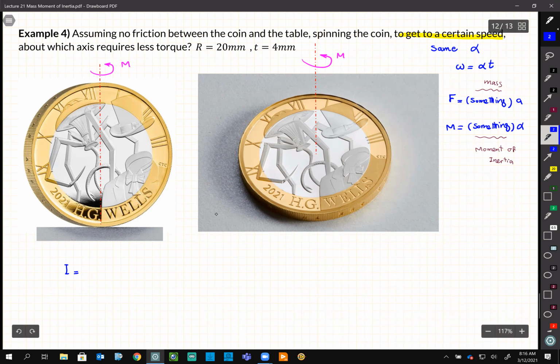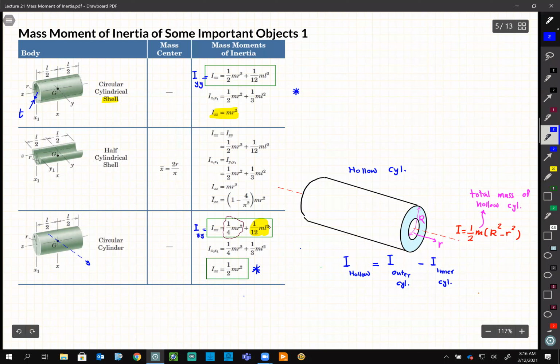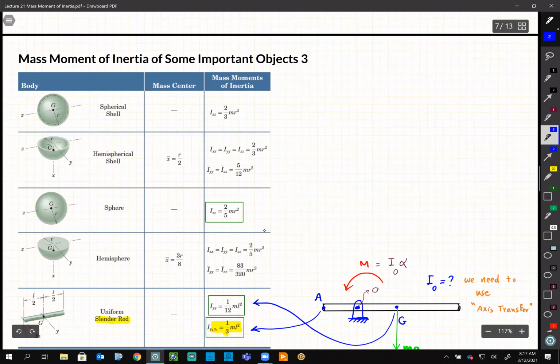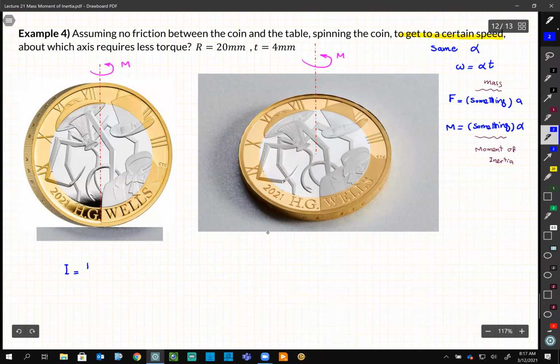Okay, where is the cylinder? Here is the cylinder. And here are the formulas. Normal to this circle is 1/2 mr squared. And for two other axes, it is 1/4 mr squared plus something more like a slender bar, 1/12 ml squared. So let's go back and write them up here. So this one then is going to be 1/4 mr squared.